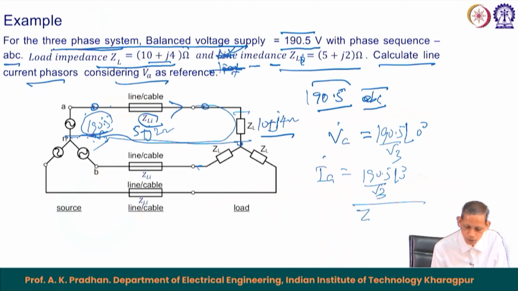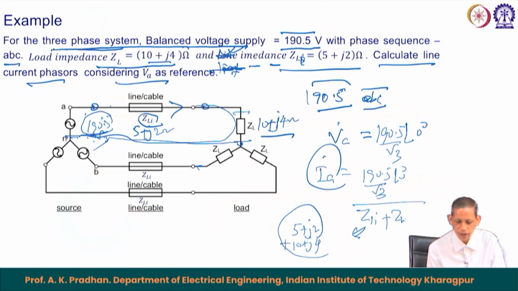So, this becomes the line impedance plus the load impedance: 5 plus J 2 plus 10 plus J 4. This is the total impedance in this path. So, the corresponding current I A equals 190.5 divided by root 3 divided by this sum of the impedances.